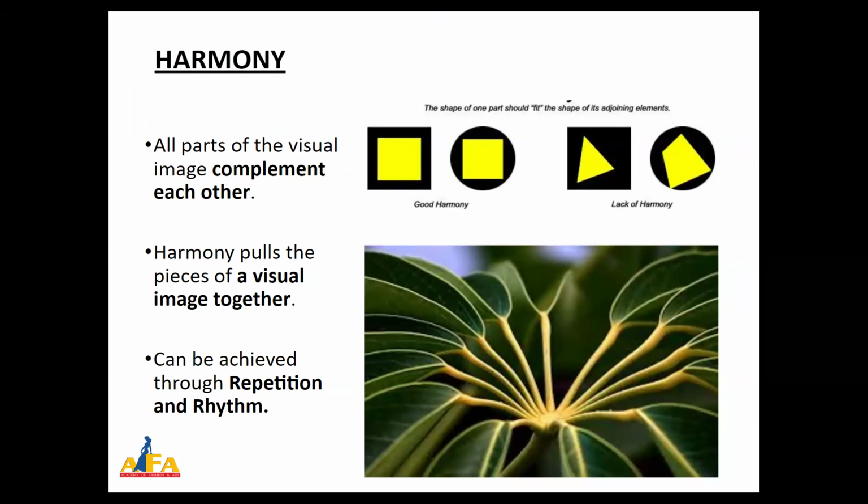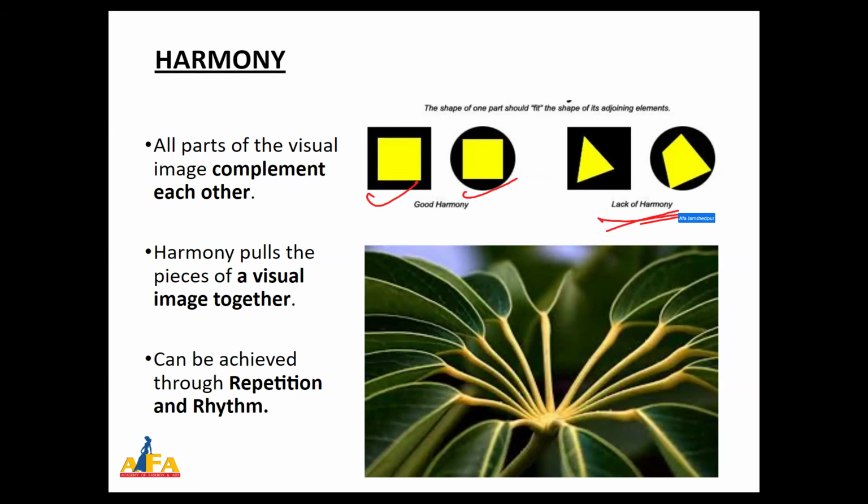Now look at this harmony. Harmony means all parts of the visual image complement each other. Now just see the example of good harmony and bad harmony. You can see two shapes, two squares and circles. So what is good harmony saying? That they are well inscribed in each other. What is lack of harmony?